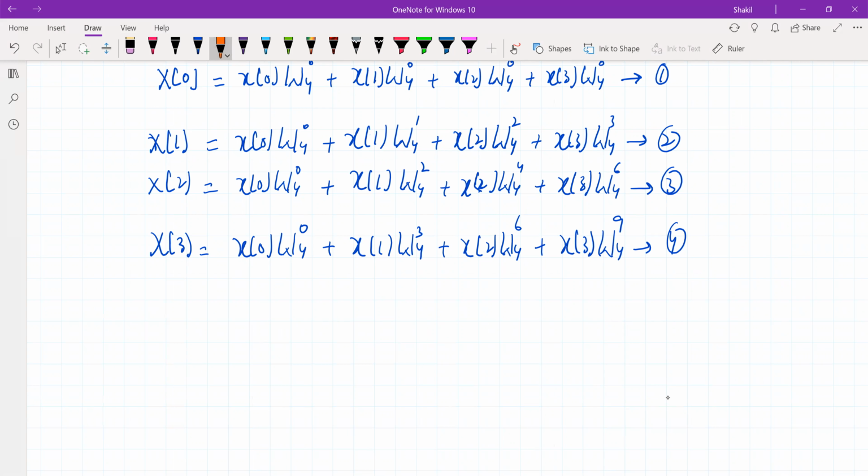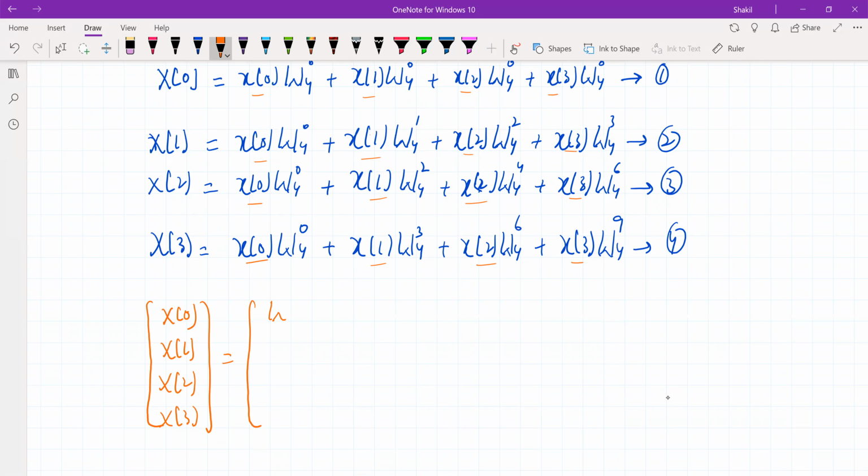We'll arrange the input terms as an array: x of 0, x of 1, x of 2, and x of 3. You can see these terms appear in all 4 equations. So first let me arrange these terms.